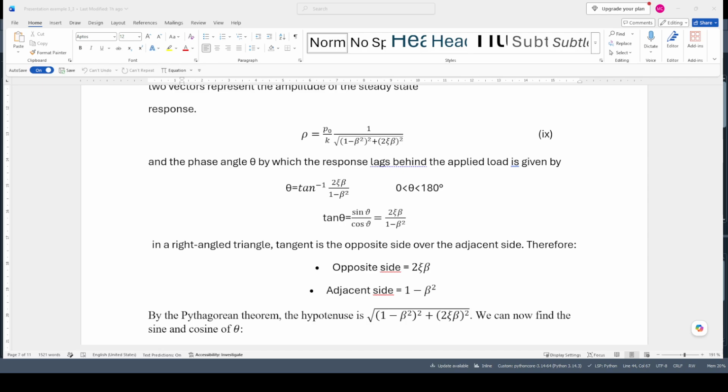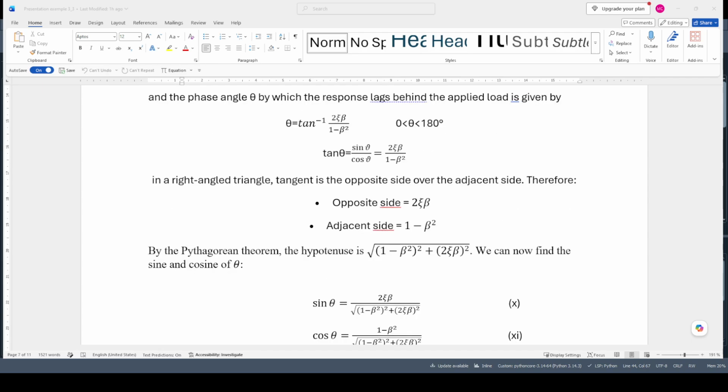So the opposite side is equal to the numerator of this ratio, so 2 psi beta. The adjacent side is equal to 1 minus beta squared. By the Pythagorean theorem, the hypotenuse is equal to the square root of the sum of these two quantities squared.